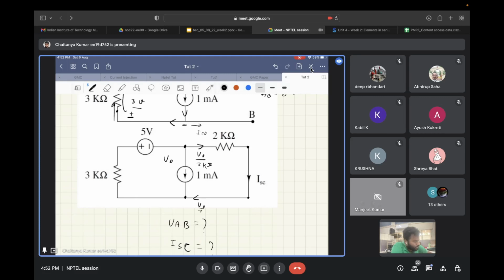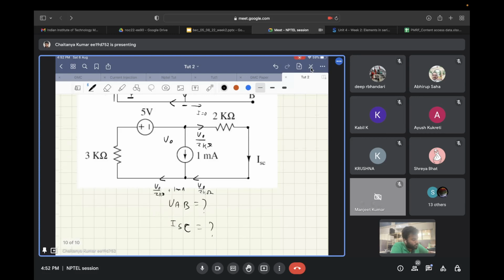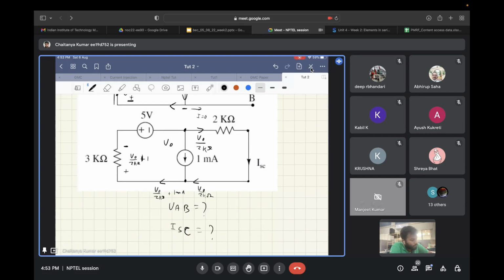So V naught by 2 kilo ohm, and the total current that will be flowing into 3 kilo ohm will be V naught by 2 kilo ohm plus 1 milliamp. So from here, the voltage developed across this will be V naught by 2 kilo ohm plus 1 milliamp into 3 kilo ohms.